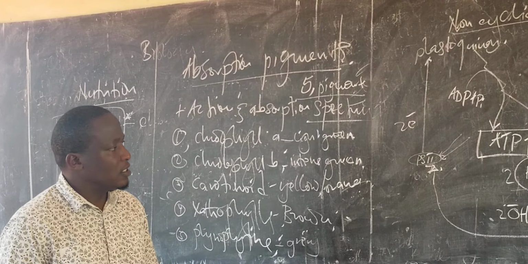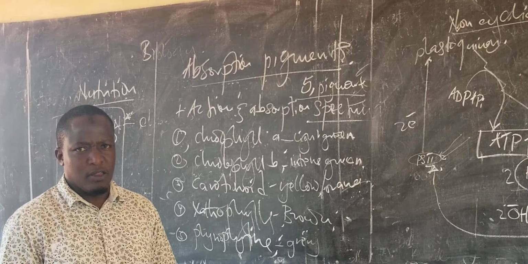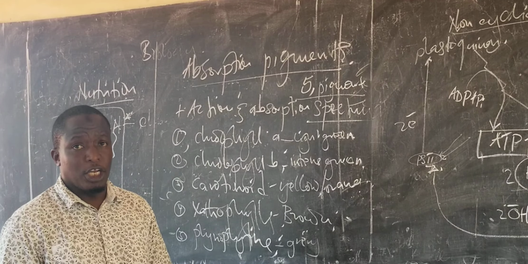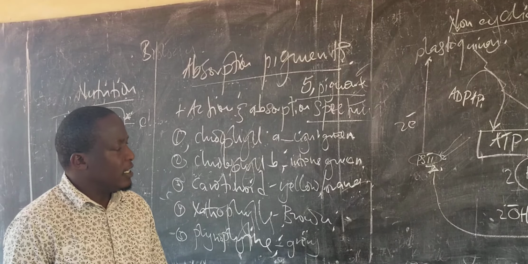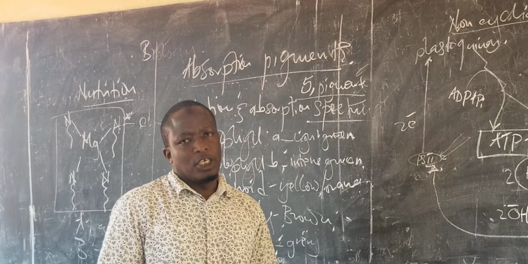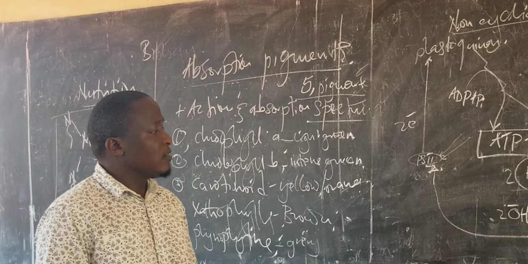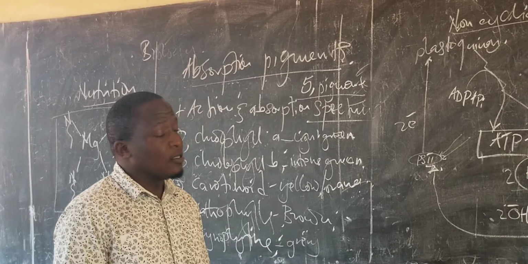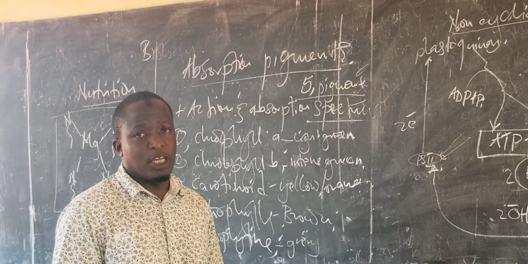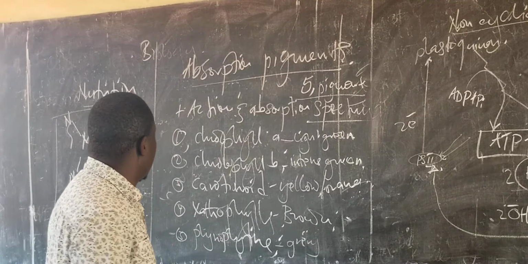And then finally, part C: State the differences between cyclic and non-cyclic photophosphorylation.